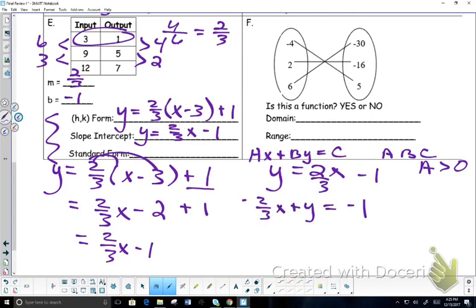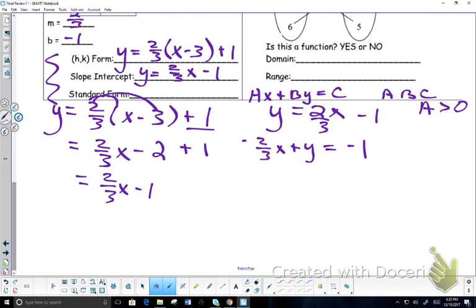That's going to give me -2/3 x plus y equals 1. Then I need this fraction to go away because I can't have any fractions or decimals since they all have to be integers. I also need this negative to go away because a has to be greater than 0. So I am going to multiply by -3/2. The negative will make the negative go away, and then if I multiply by the reciprocal, it will make that fraction go away as well.